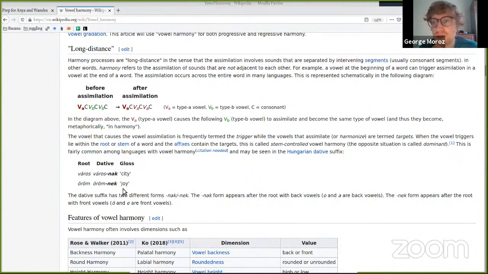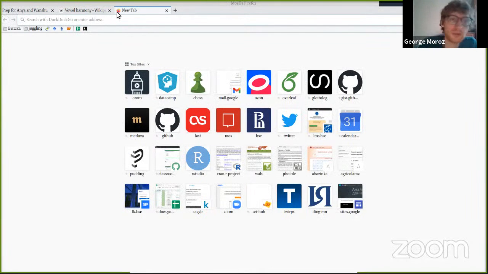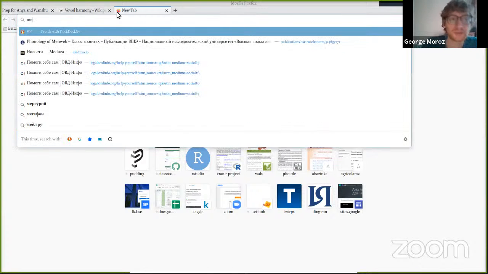And the story I want to talk about is quasi-harmony. What I expect from those languages is that they will have some tendencies, but it won't be a rule.